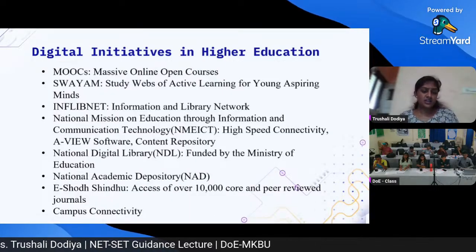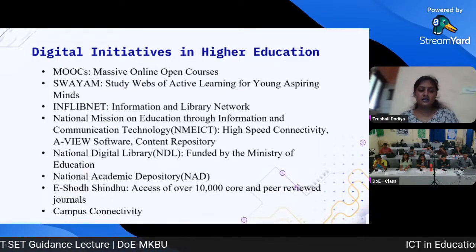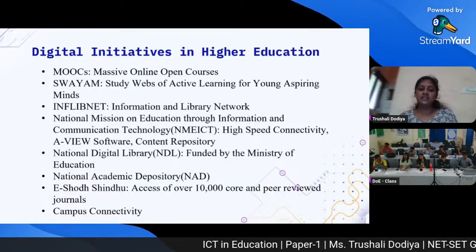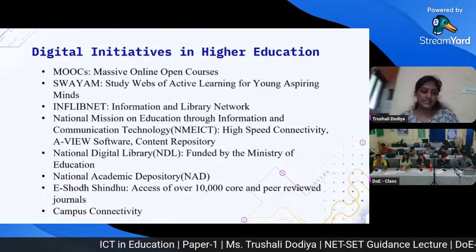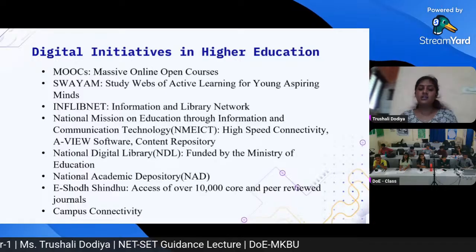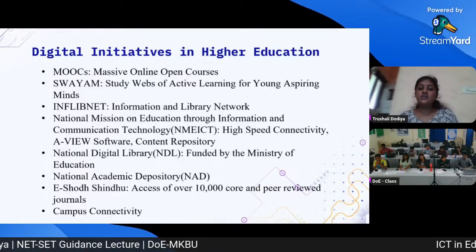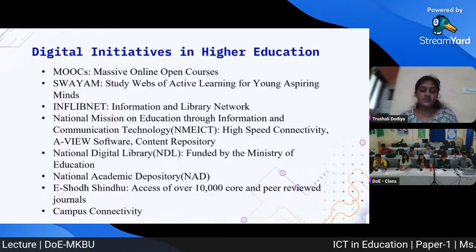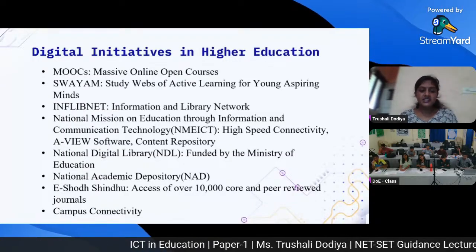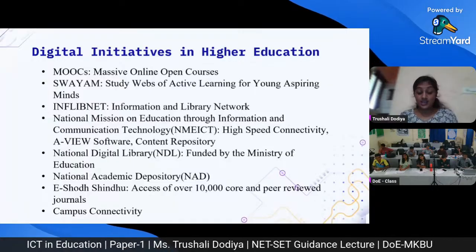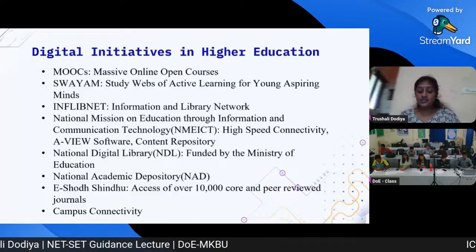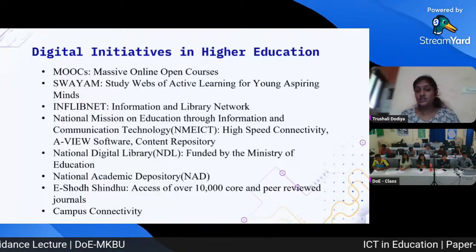It is a large initiative that lets us have all our certificates and grades in one place in DigiLocker. eShodh Sindhu gives us access to over 10,000 core and peer-reviewed journals, and it is also handled by the Ministry of Education. There is also campus connectivity for universities and other organizations in terms of learning and higher education.